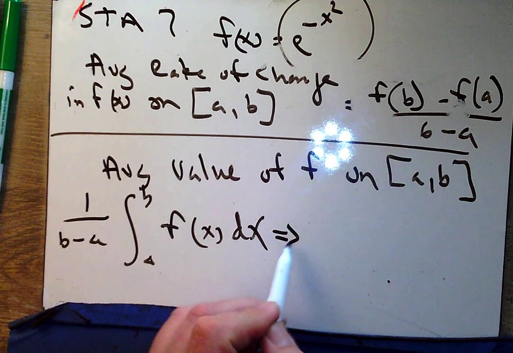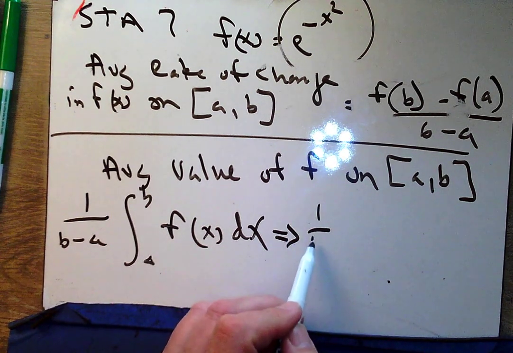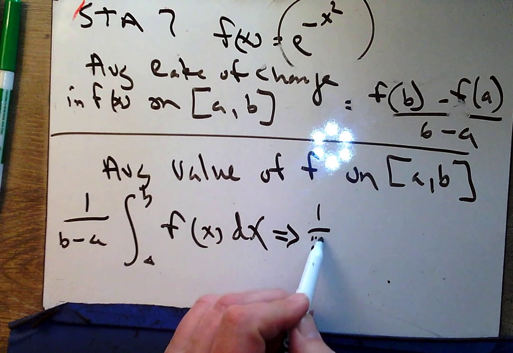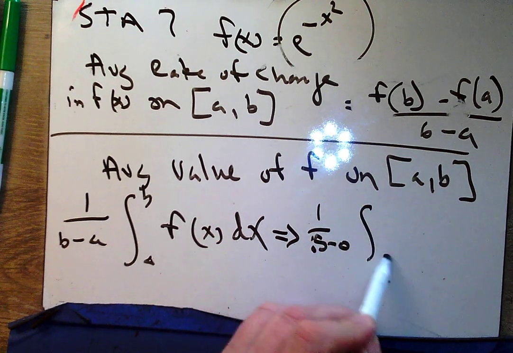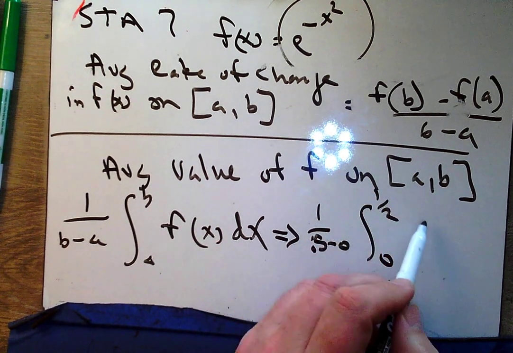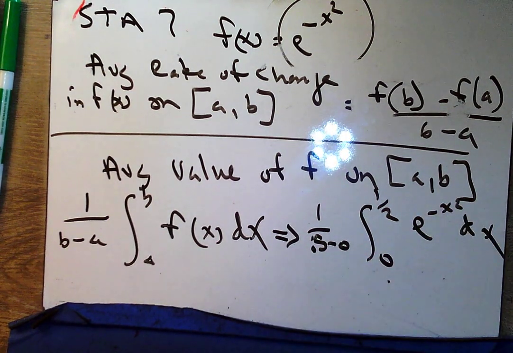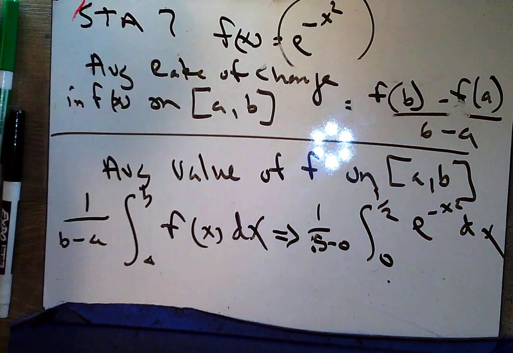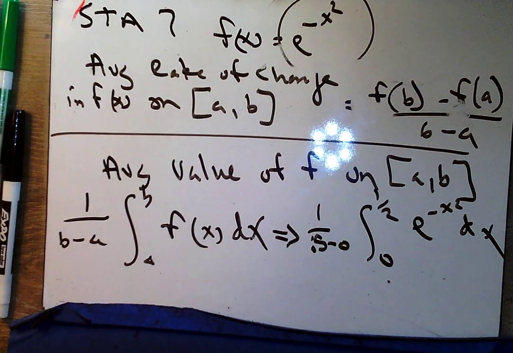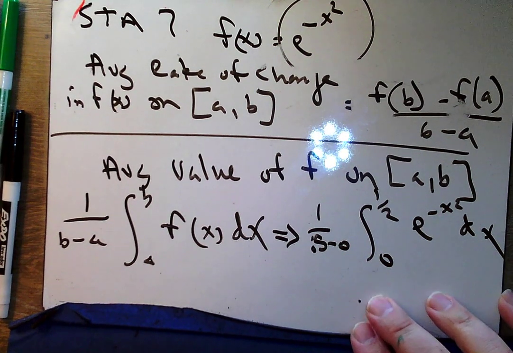We're looking at going from 0 to 1/2, integral 0 to 1/2 of e to the minus x squared dx. No, it's not a u sub. I don't even really want to try it by parts.